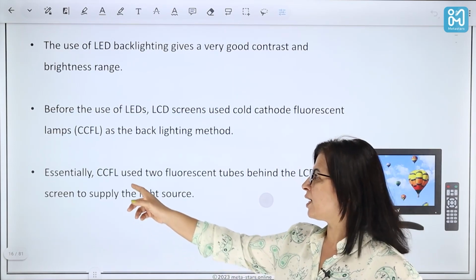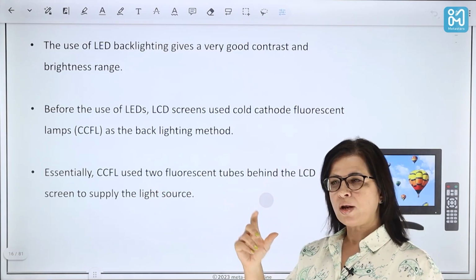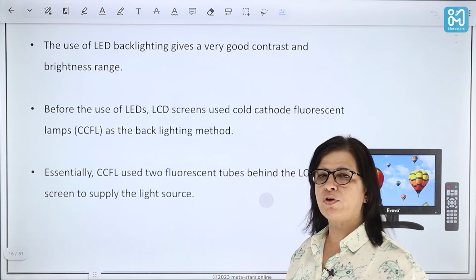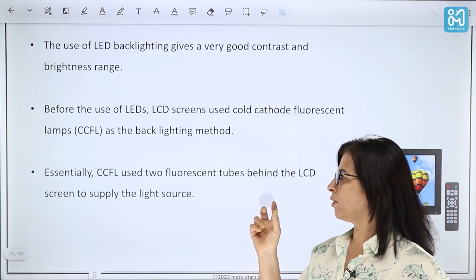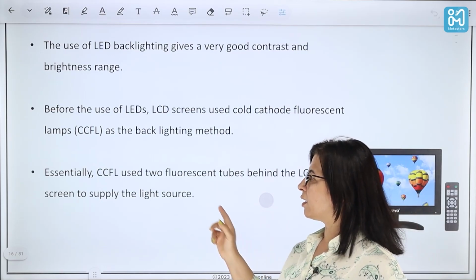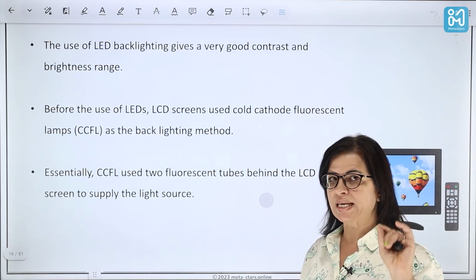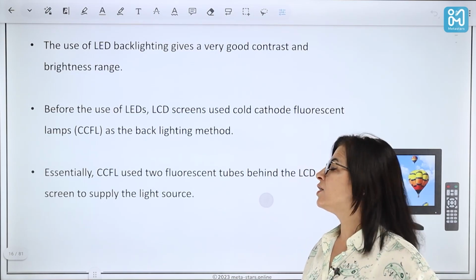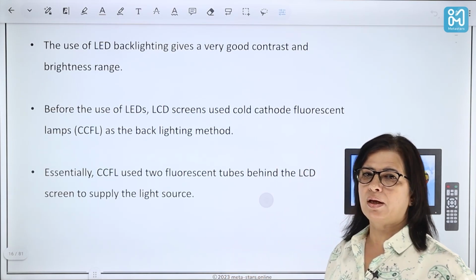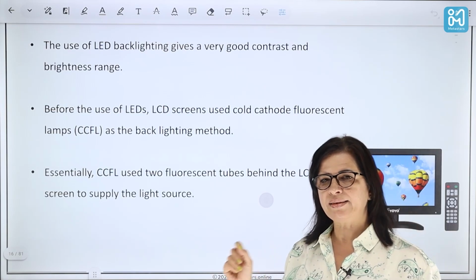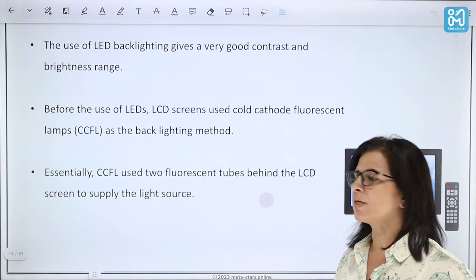Because the fluorescent tubes are considered large, the old version of LCDs was a little bit thick, not like the newest one that is based on LED technology, using LED backlighting, so it becomes a thinner monitor. I am not talking about organic LED, this is another topic beyond the scope of this syllabus.